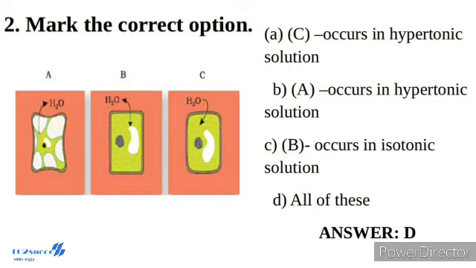Cells swell in hypotonic solution and shrink in hypertonic ones. Plasmolysis occurs when water moves out of the cell and the cell membrane of the plant cell shrinks away from its cell wall. It occurs when the cell or tissue is placed in a solution that is hypertonic to the protoplasm.